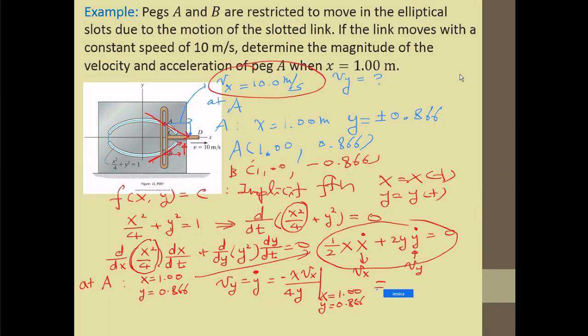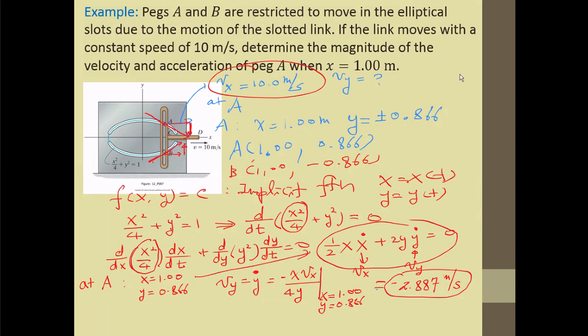It turns out to be negative 2.887 meters per second. This is negative, meaning it's down. Perfect, right? So this is 10, and the y component is negative 2.887, because the y component is directed downward, so that is negative.